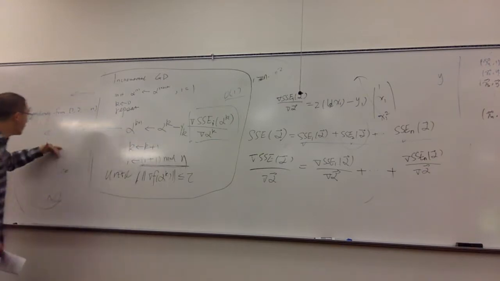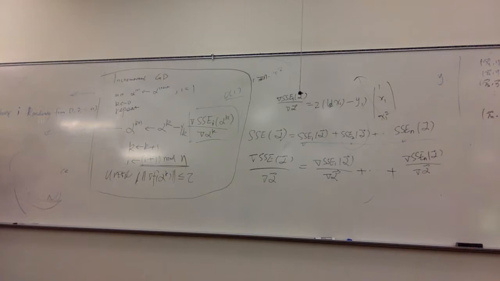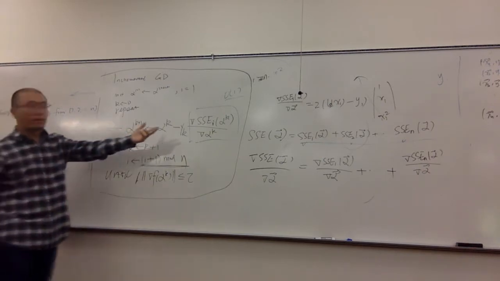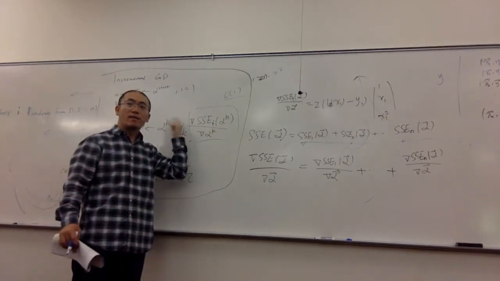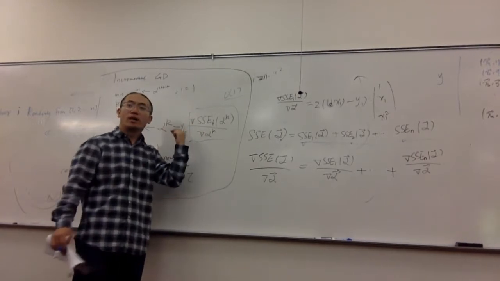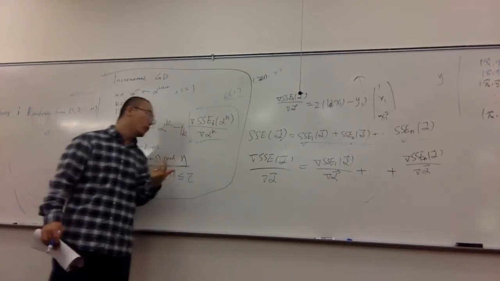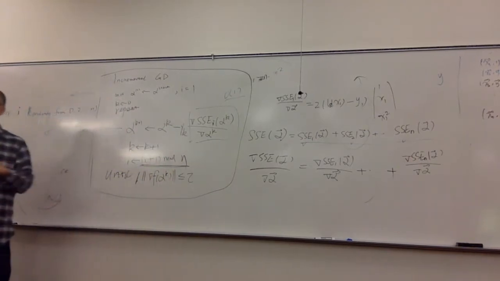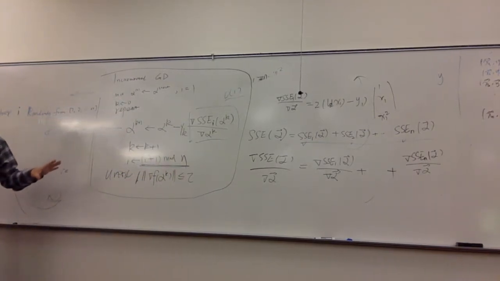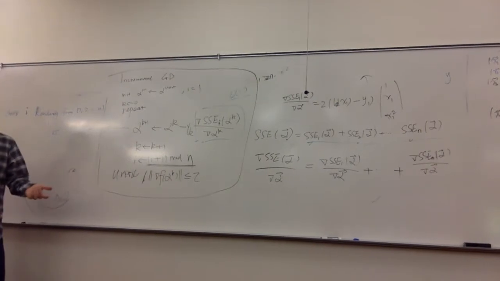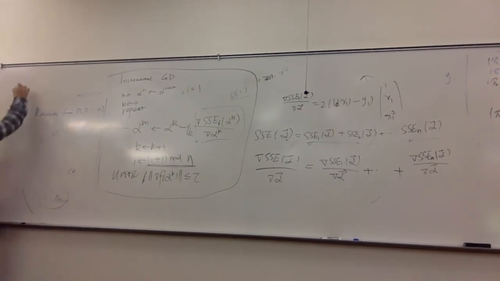Next time, you randomly pick up the index of an instance again, compute the corresponding SSE, the gradient, and then update the parameters, continuing until convergence or some tolerance level is reached. This is called stochastic gradient descent.